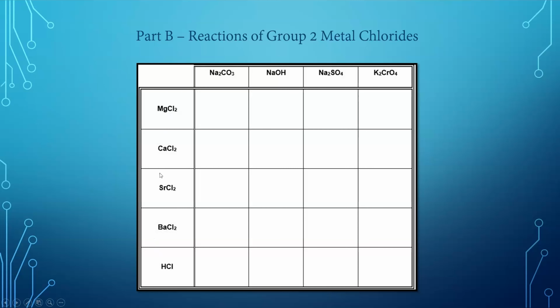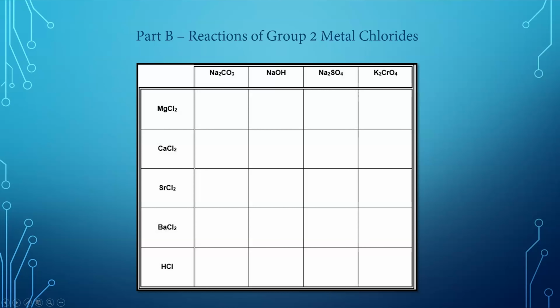If you've correctly identified the trend in the column, you should be able to extend that to predict what's going to happen with the element above magnesium and the element below barium. That's what made Mendeleev's periodic table so useful, is that people were able to predict the properties of elements that they had never studied or perhaps hadn't even been discovered yet.